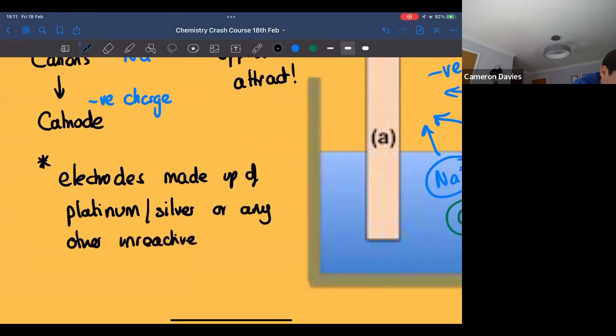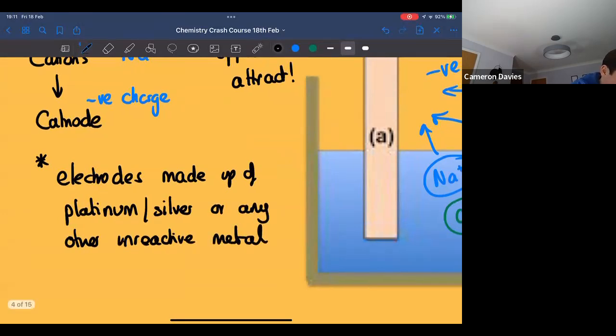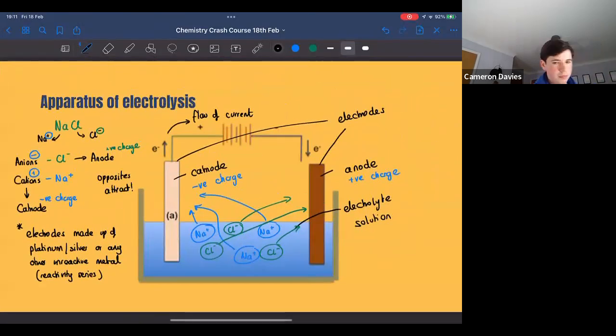You can work that out by looking at the reactivity series, so anything at the bottom of the reactivity series. And the reason why I've told you that is because it's usually a question that's asked quite a lot in exam questions.